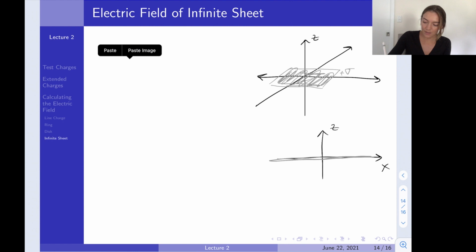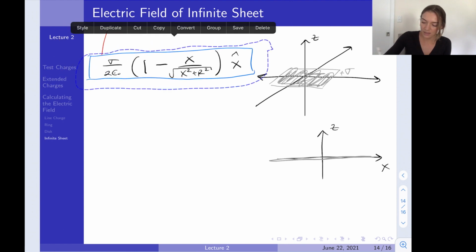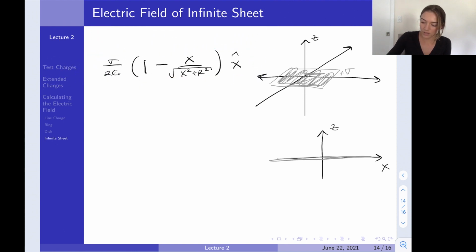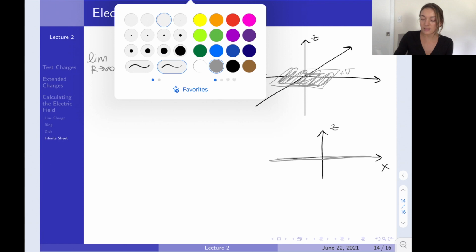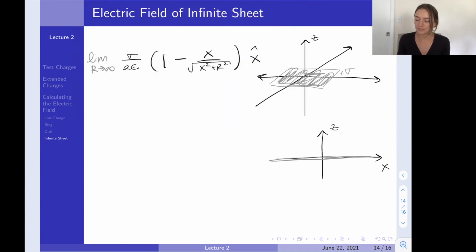But if you took the limit as r goes to infinity, so you made your disk infinitely big, what you would get is the electric field of an infinite sheet.